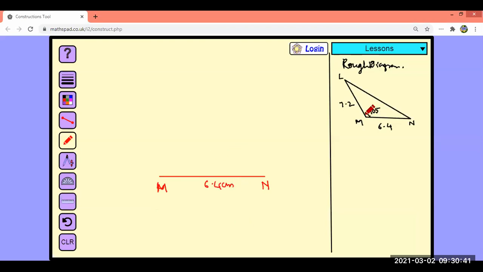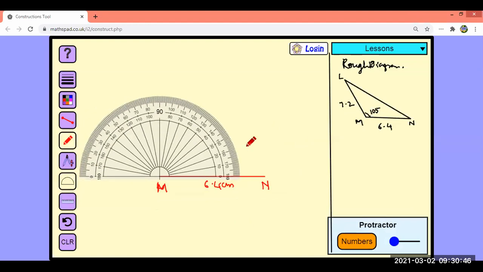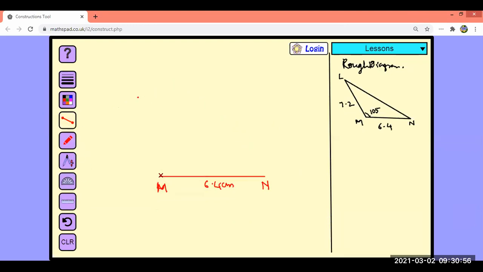Okay, next we have to draw an angle at M, that is 105 degrees. So here you start from 0, you start at this end, and then you begin 105. Okay, so 105 is over here. All right, so we remove this, and now we have to join M to that point and extend it, isn't it? So this gives us the angle, which is 105 degrees.